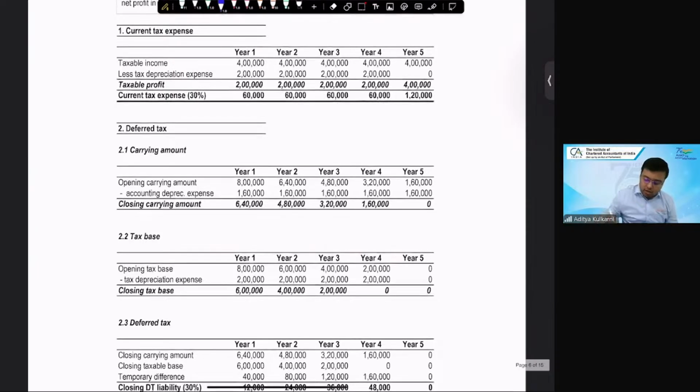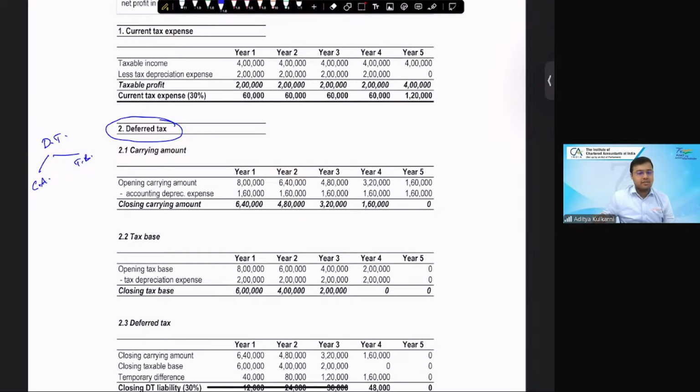Now let us look at calculation of deferred tax. What is deferred tax? Deferred tax is nothing but the difference between the carrying amount and the tax base. What do you mean by carrying amount? Your book value for the purposes of accounting.